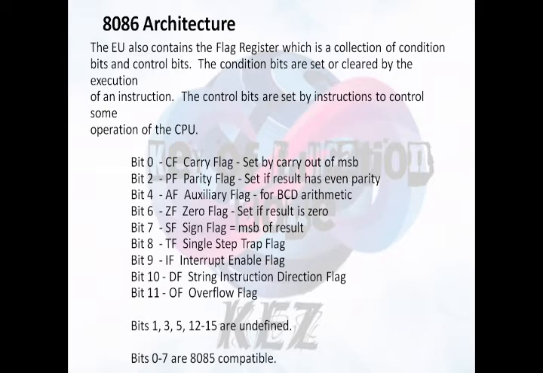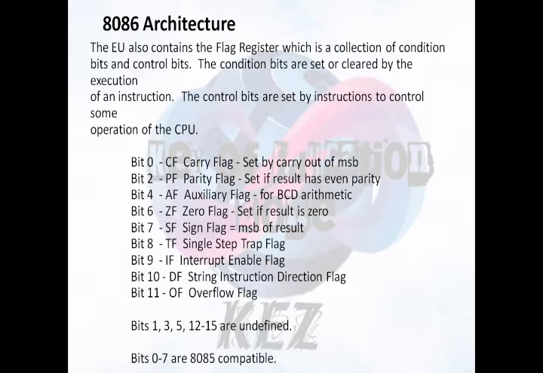Bit 8, the TF, gives you the single step trap flag. By the name you can get this, so I am not explaining it now; after all, I will explain everything. Bit 9 is IF, the interrupt enable flag, bit 10 is DF, the string instruction direction flag, and bit 11 gives you the overflow flag.